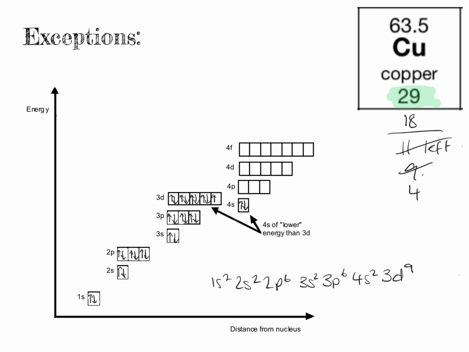Now what can happen here with copper, so we've got 9 electrons in here and we've got a pair in there. 1 electron can be promoted from the 4s into the 3d, and that would fill this whole sublevel. That one would be full, and this one would be half full, which is still reasonably stable compared to something that's only got 9 out of 10.